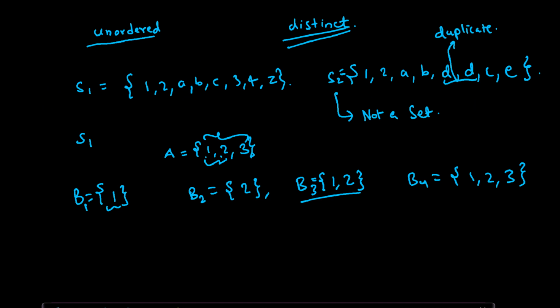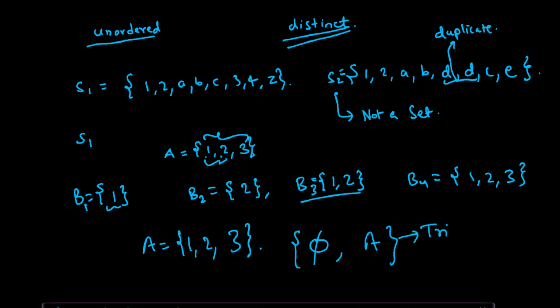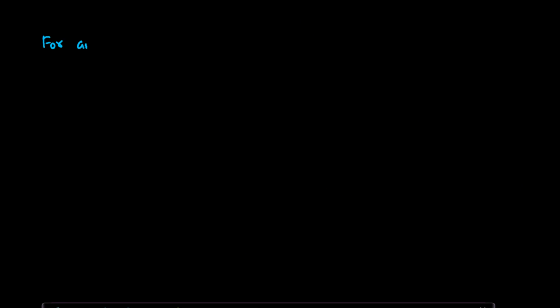For example, this is the set A, which is 1, 2 and 3. Then phi is one subset and A itself. Phi and A are the trivial subsets of A. For any set A, there are two types of subsets.